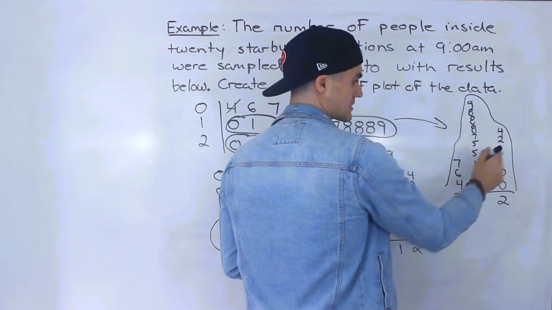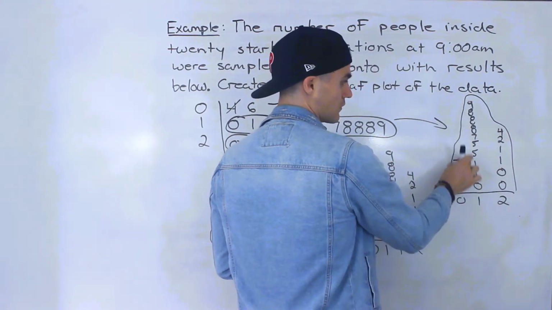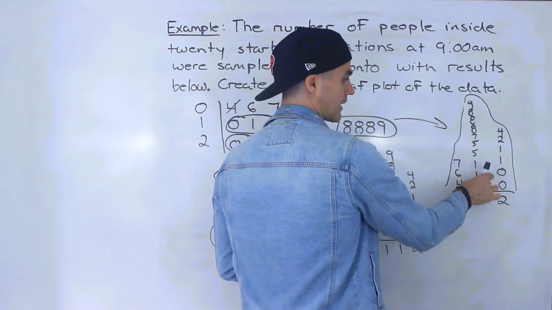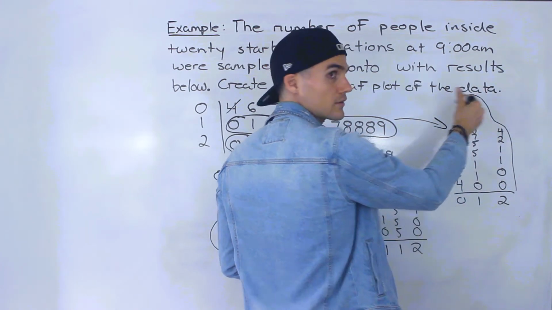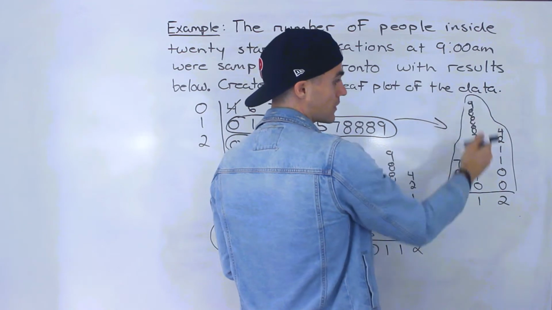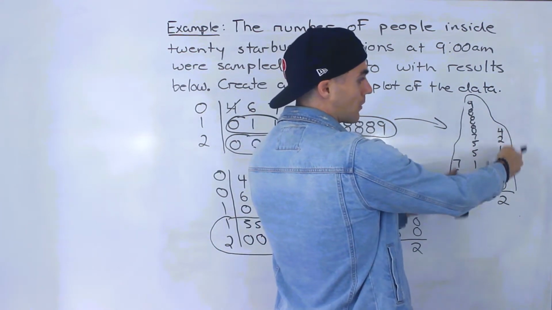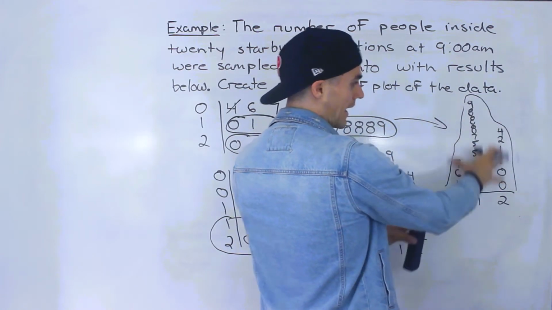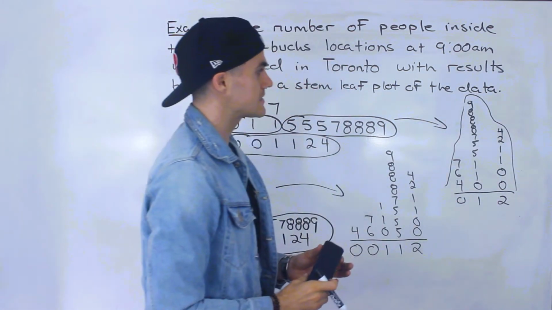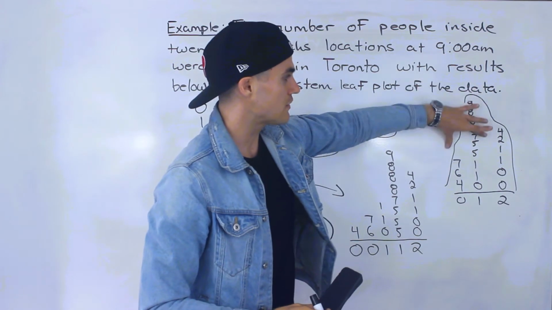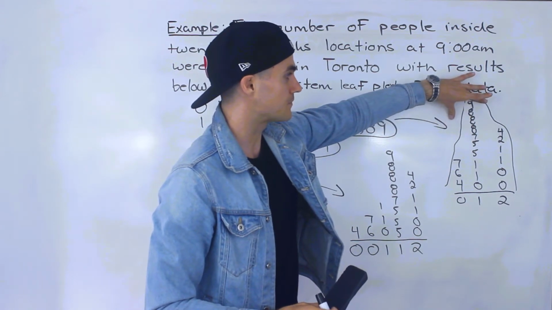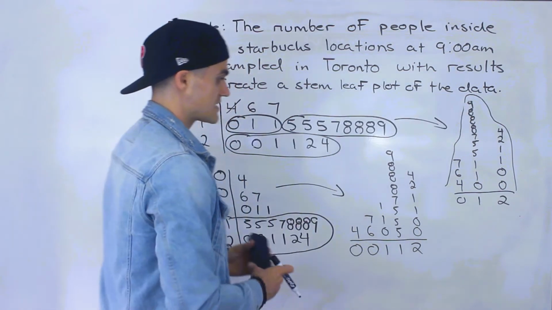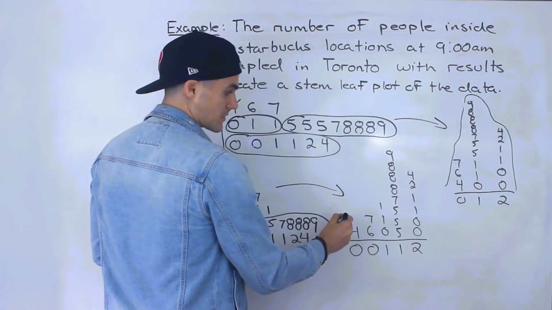Maybe there are more observations here than here, but we have this large bar in the middle of the histogram and these two smaller bars on the side. So if you look at the shape of it, you may think it's a symmetrical distribution. Versus this one, notice that it's not symmetrical.